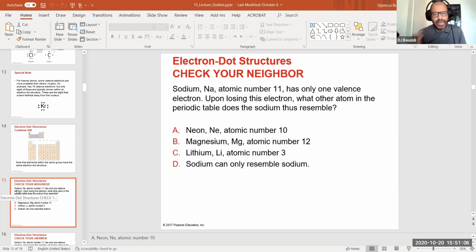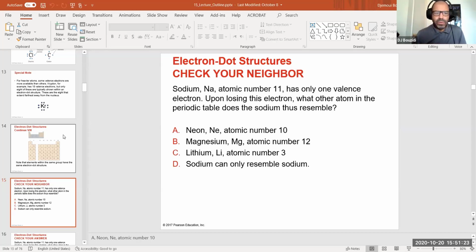So it has 11. It lost 1. So it must look like 12 or 3 or itself. It has lost an electron.